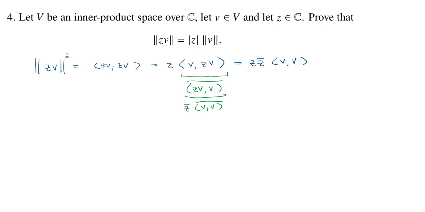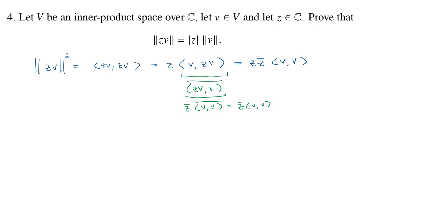And then, of course, I can switch the v and the v around, and that'll get rid of the conjugate. Of course, switching v and v around doesn't do anything. So this will equal z bar times the inner product of v with v. So this shows why I really can pull the z out of the second component, but it's going to pick up this complex conjugate. Okay, but now we have z times z bar and then the inner product of v with itself.